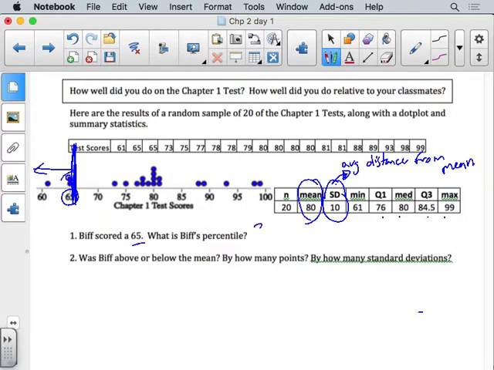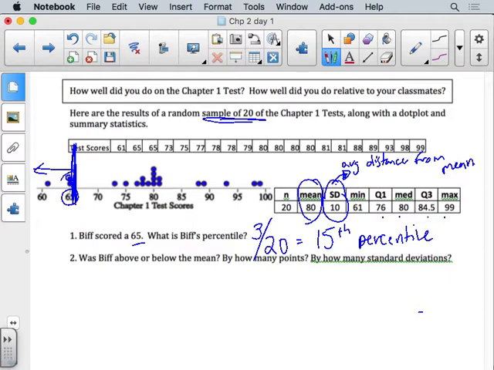There were 3 values less than or equal to him out of 20. So 3 divided by 20 is 15% of the values. That means he is in the 15th percentile. He is on the lower end of that chapter 1 test score.